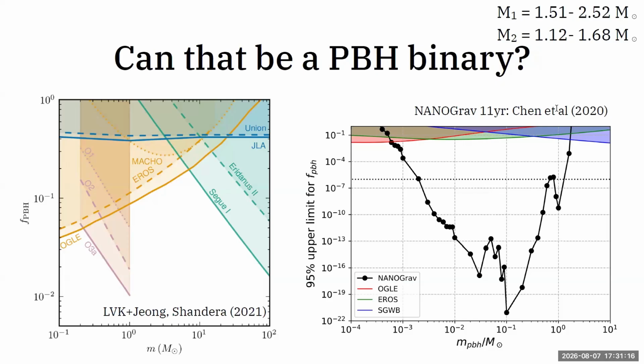But up to 11 years of accumulated data, they didn't see anything. So there's a 90% bound for the fraction of dark matter in black holes as a function of solar mass, PBH. And for one solar mass, it is already 10 to the -7. Quite impressive, 10 to the -22. Yeah. So it's pretty safe to say that primordial black holes cannot be in the subsolar mass range.